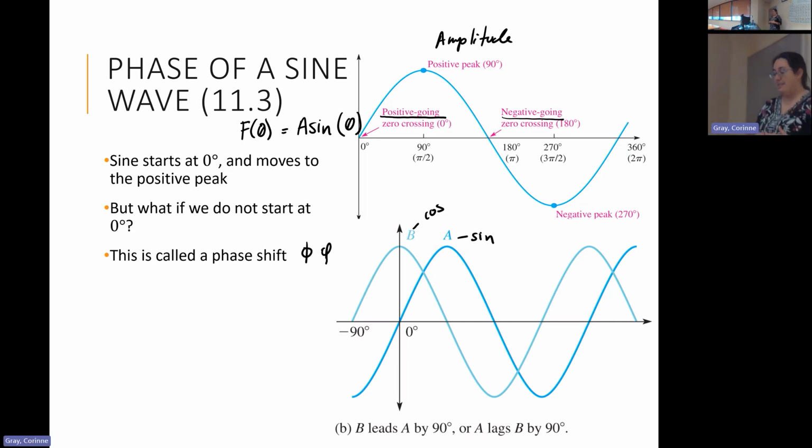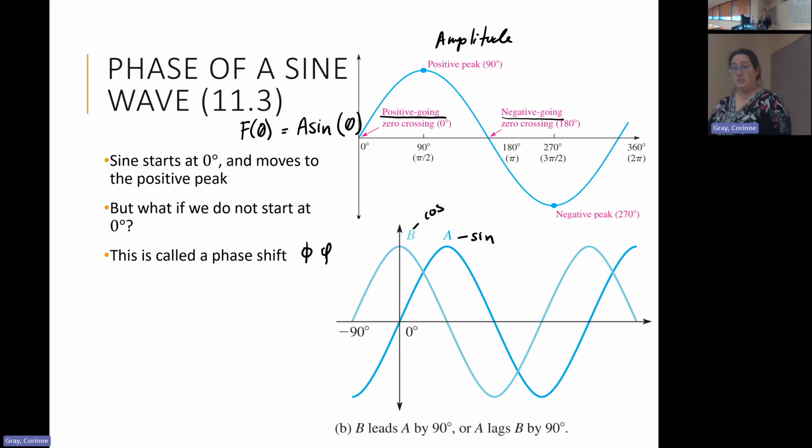And so with this leads and lags, it's going to depend on which function we actually care about. So again, if we're given A and want to find B, we would use B leads A by 90 degrees. If we had B and wanted to find A, A lags B by 90 degrees in this particular case. It will not always be 90 degrees.